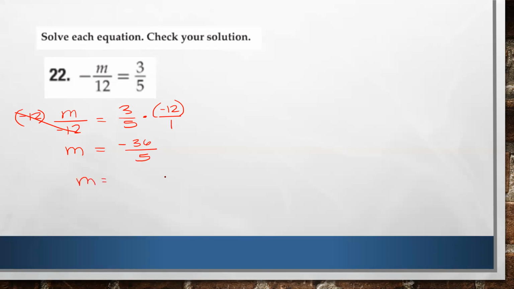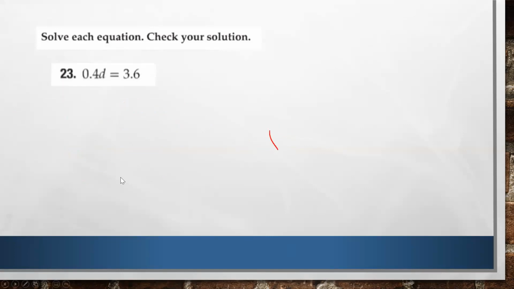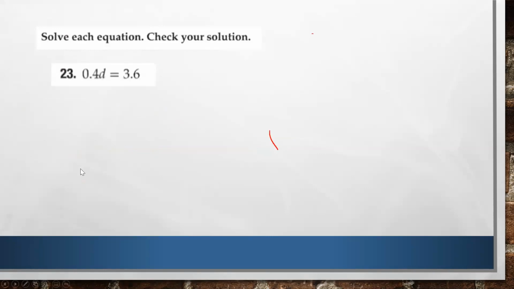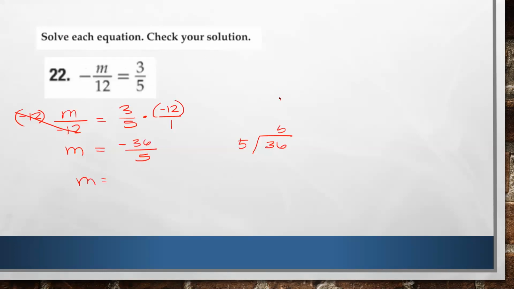We can rewrite it as a mixed number. 5 goes into 36 7 times, and that's 35, and you have a remainder of 1.